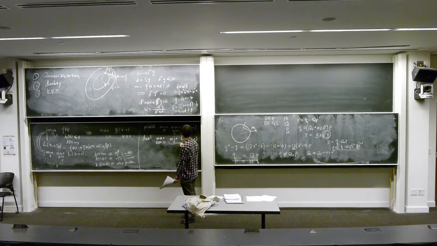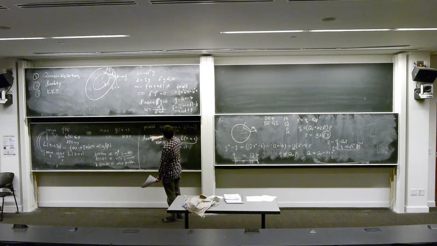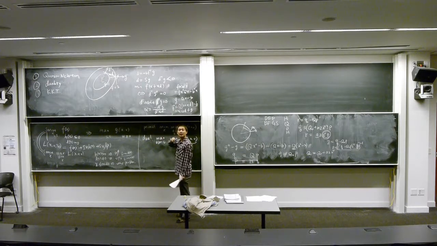Further, this part is what we call the dual objective, g of u, v. So I can show you that the dual problem is always greater than the primal problem.